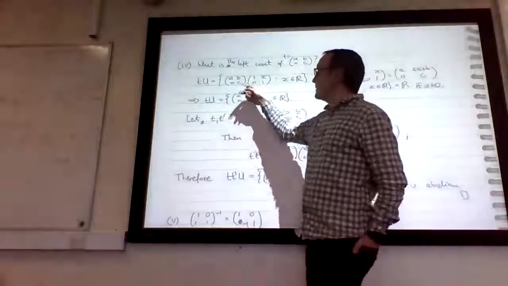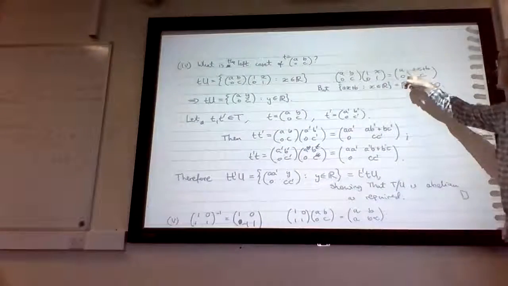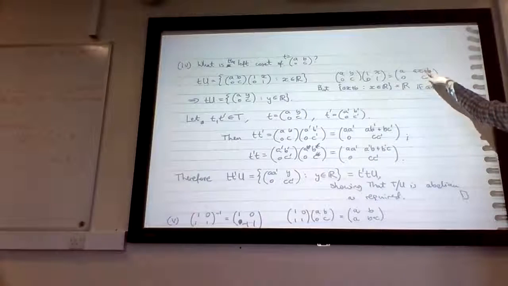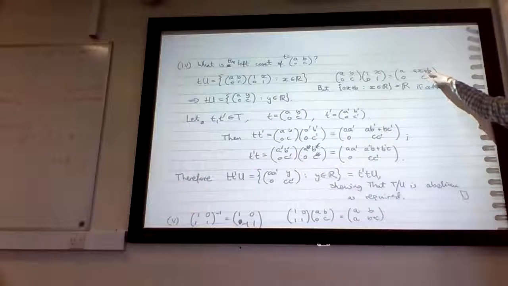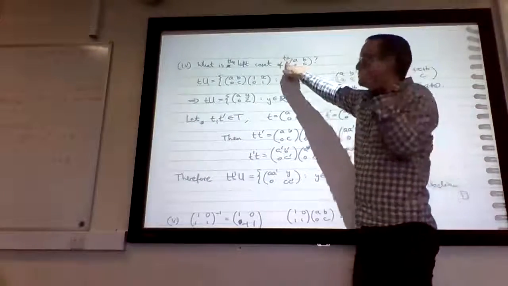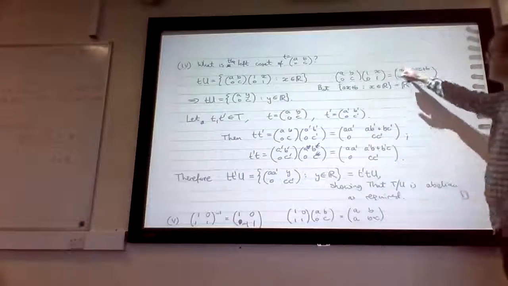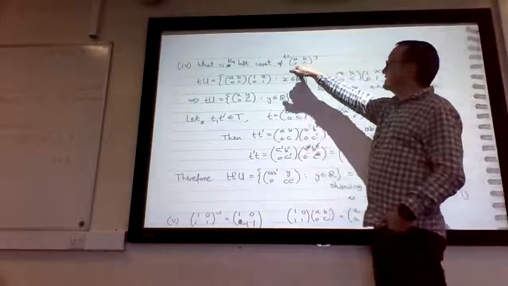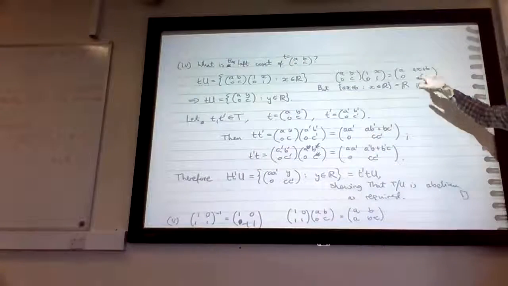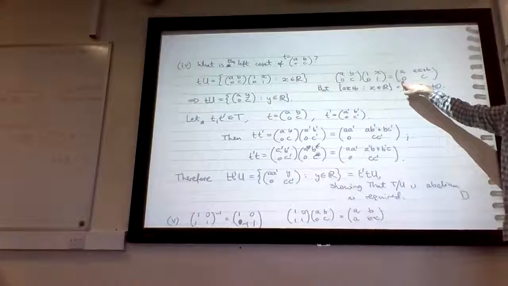Well, when you multiply matrices like this, you get this matrix: a, 0, c, with ax plus b in the top right. Now, what's the interesting observation here? We're thinking that the little t is fixed. We're taking a particular element, little t. So the coset corresponding to this little t consists of matrices where you have a and c on the diagonal and 0 on the bottom left.